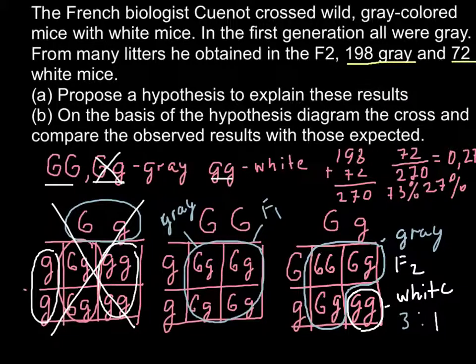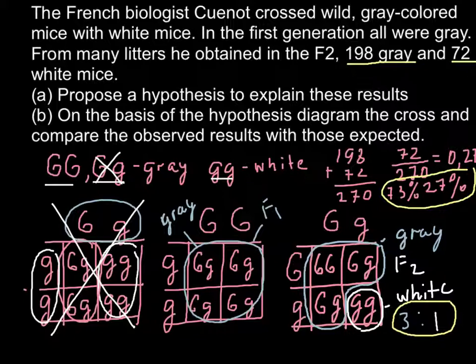So together this is going to be 100%, and this ratio is the same as we have here, 3 to 1. Of course, we don't have a perfect match to 3 to 1, because this is just an approximation. Some deviation is normal, but overall the ratio is 3 to 1, or very close to it.